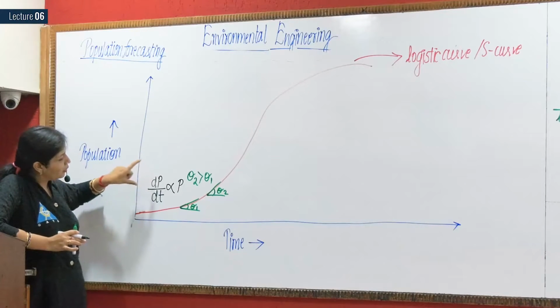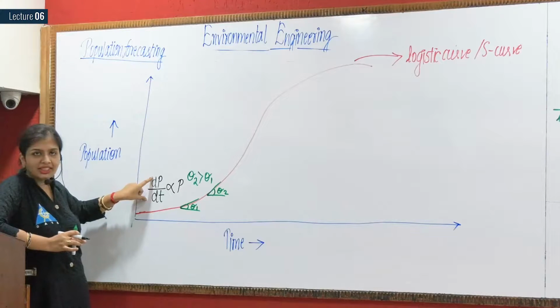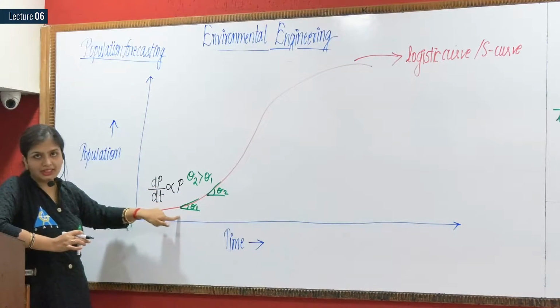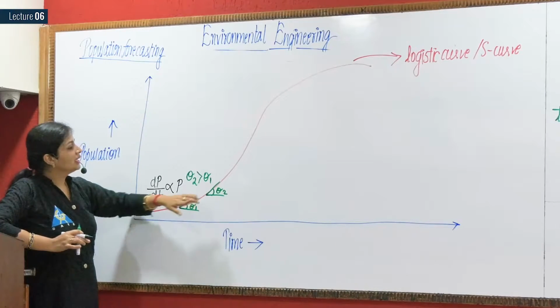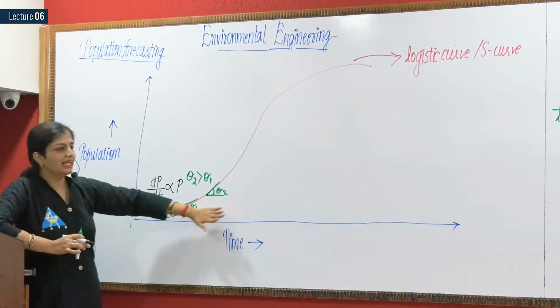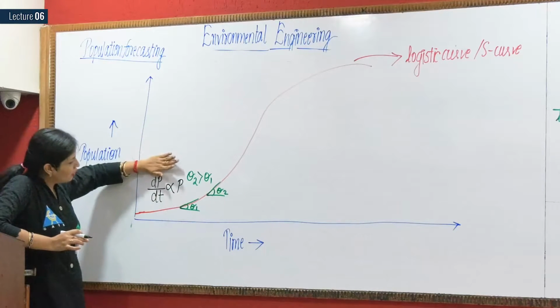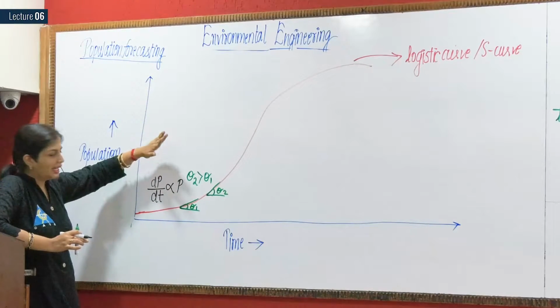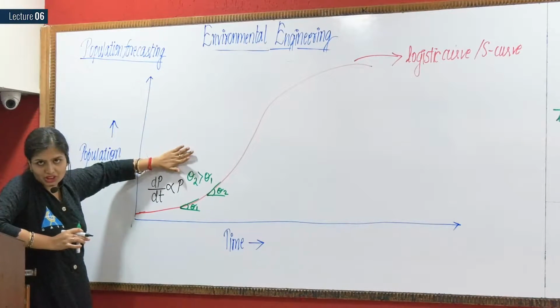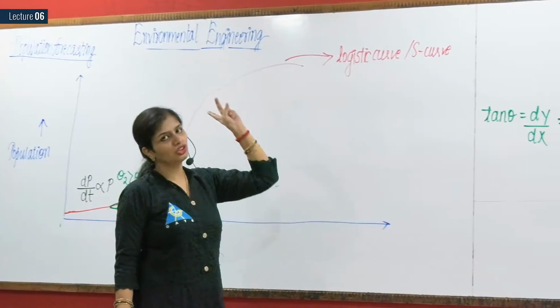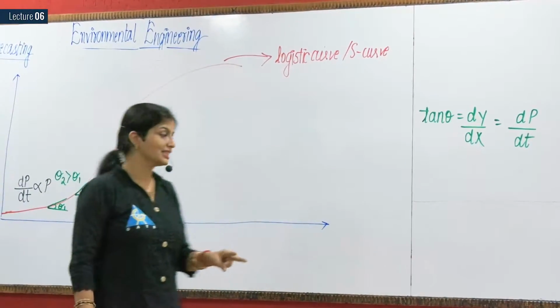How did we come to know that the rate of growth of population is increasing? We calculated the slope at 2 different points, from which we came to know that slope theta 2 is greater than theta 1, which implies that rate of growth of population is directly proportional to the population. That means population is increasing and rate of growth of population also increases.